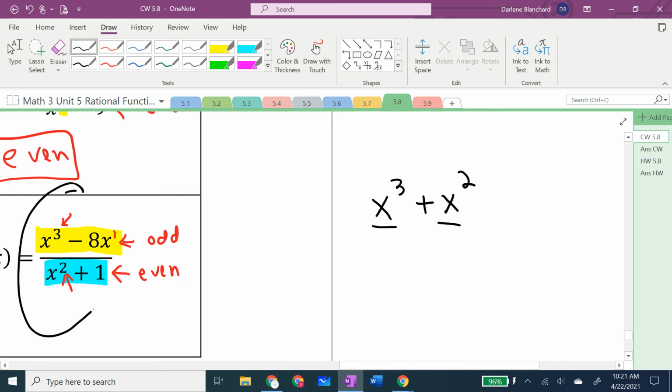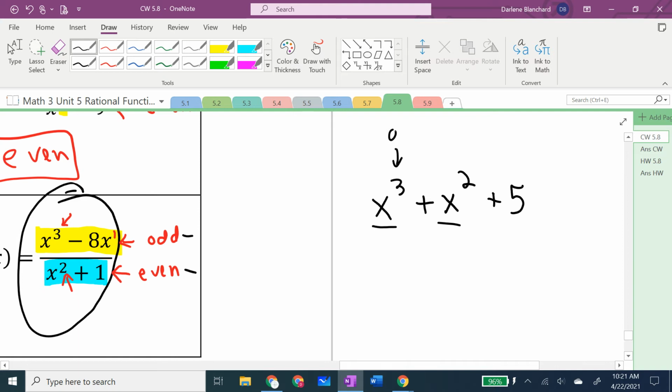The full rational function will only be a neither if one of the two polynomials shows up as a neither. Within the polynomials, either all exponents are odd or all exponents are even, with that one tiny exceptional issue: you can't have a constant added on with an odd. You have to look at constants as even terms.